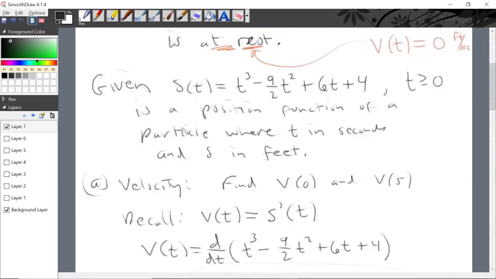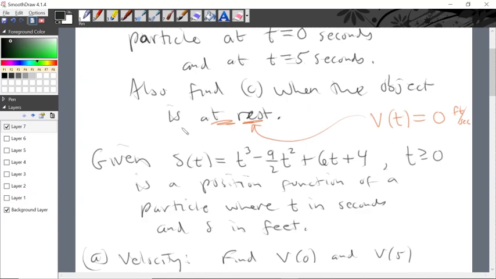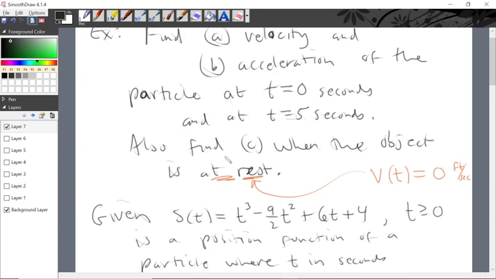Okay, so now we've got A and B done. Now C. Find when the object is at rest. And we should interpret at rest as the velocity is 0. Just as we can interpret, with a height function, if we were given the height of an object, we know that the object hits the ground when the height is equal to 0. Well, we know that an object is at rest if the velocity is equal to 0.